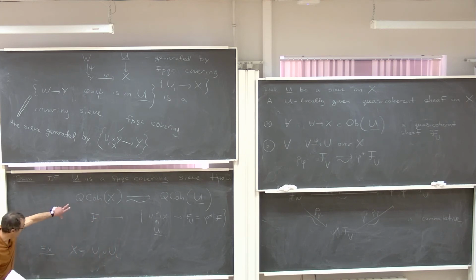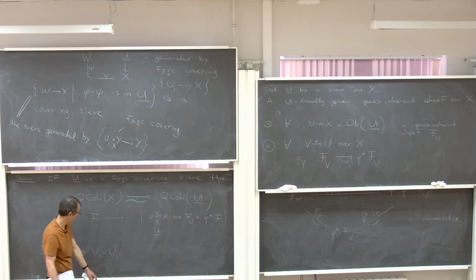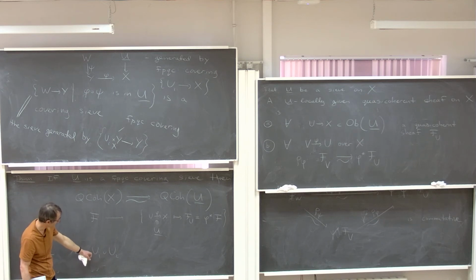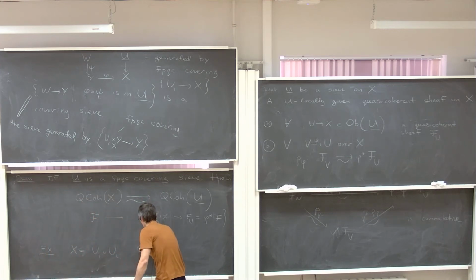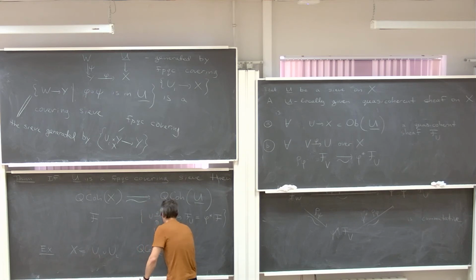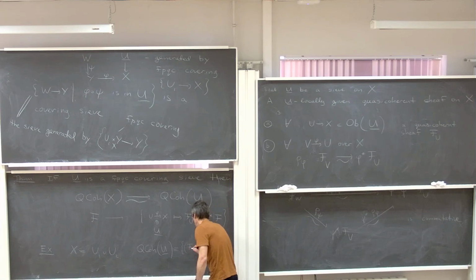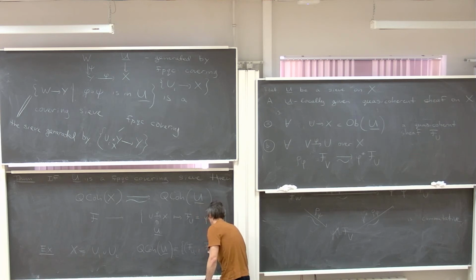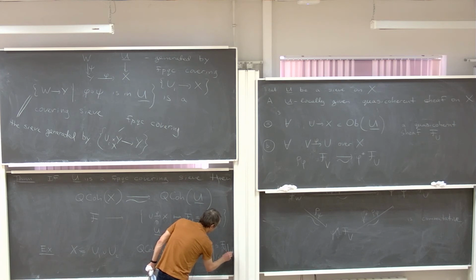Then unraveling the definitions here, this is the category of quasi-coherent sheaves on X, and this category is simply the category whose objects are triples: a quasi-coherent sheaf on U1, a quasi-coherent sheaf on U2, together with an isomorphism between F_U1 restricted to U1 intersect U2, and F_U2 restricted to U1 intersect U2.